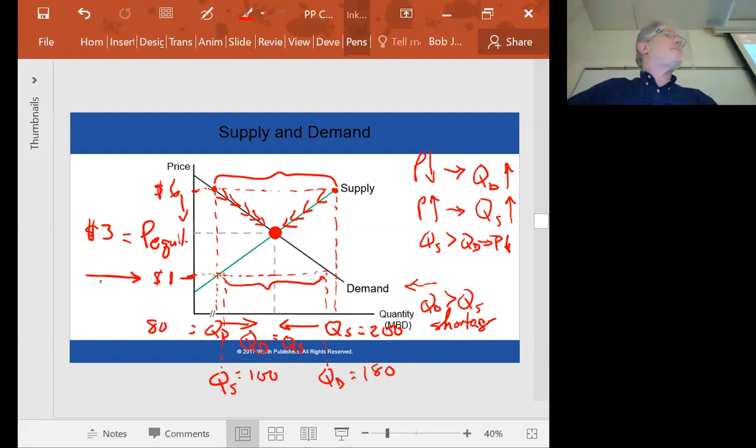When there's a shortage, what's going to happen? What will the producers think about? Raising. They're going to think about raising the price. The producers, they're trying to make profit, and they spend a lot of time thinking about how can I make profit. And as soon as they start to think there's going to be a shortage, they're going to start thinking about raising the price.